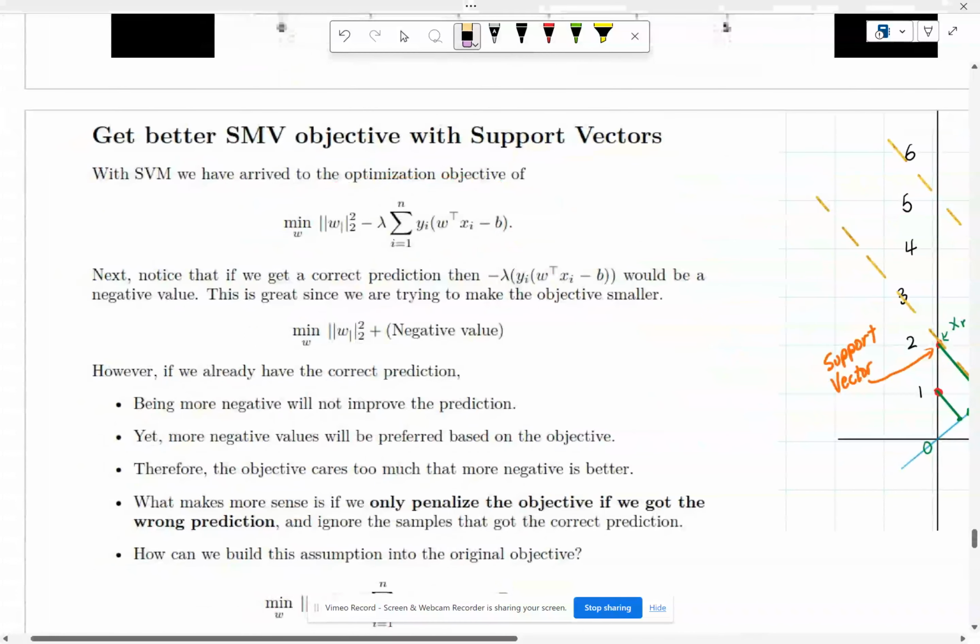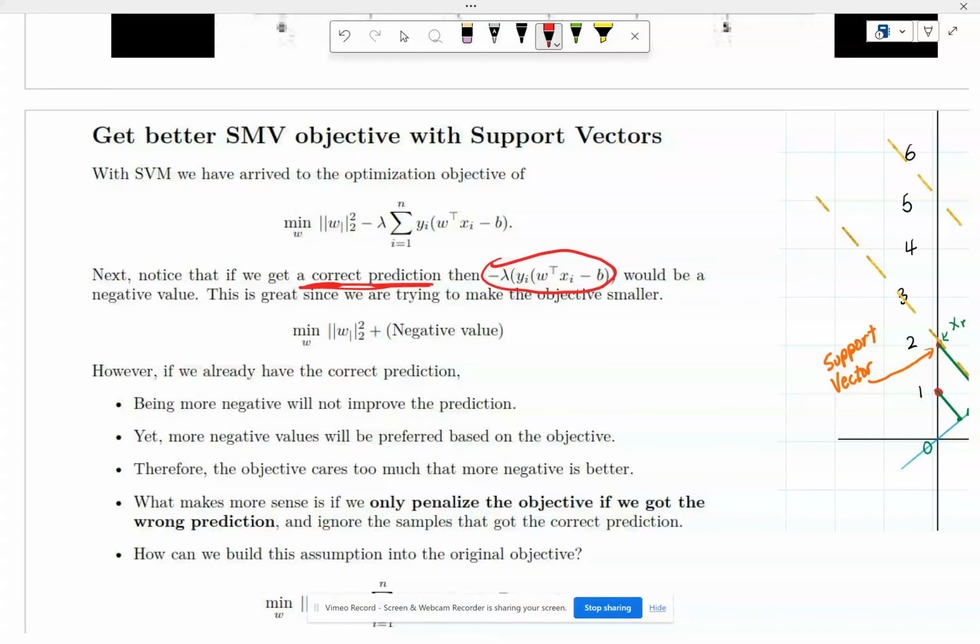Notice that if we get the correct prediction, then this whole thing will be negative, which is good because we are trying to minimize, right? So getting it correct will make it negative. The more we get correct, the more negative it's going to be.